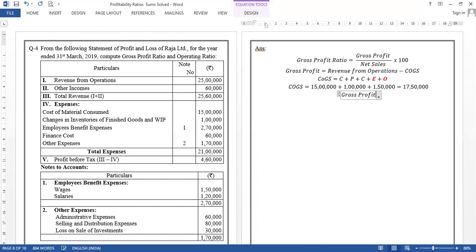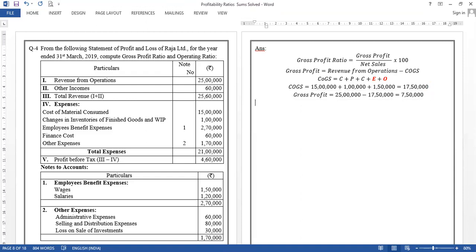Gross profit is equal to net sales minus COGS. Revenue from operations can be seen as rupees 25 lakhs, and from there I need to deduct the COGS, that is 17 lakh 50,000. So the gross profit amount comes to 7 lakh 50,000.